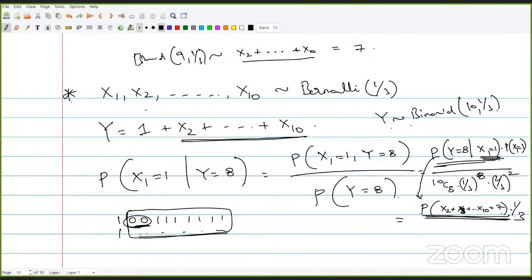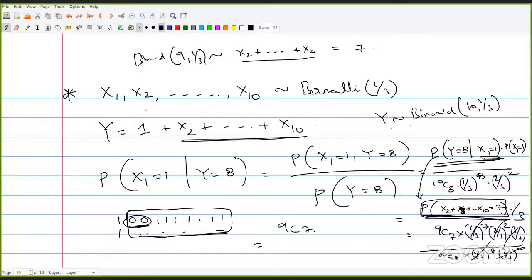And this one is again binomial 9 comma 1 by 3. So this is 9 choose 7 times 1 by 3 to the power 7, 2 by 3 to the power 2, into 1 by 3, divided by 10 choose 8, 1 by 3 to the power 8, 2 by 3 to the power 2. This is simply 9 choose 7 divided by 10 choose 8.